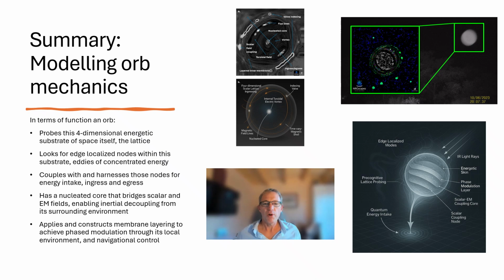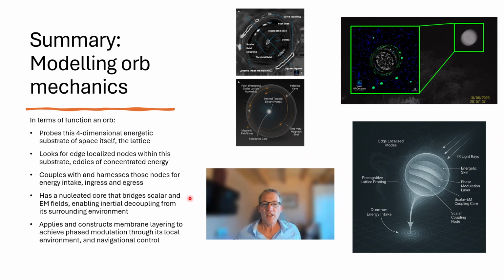So just to summarize the presentation, what we've got in terms of orb function is that it probes this four-dimensional energetic lattice of space itself. It looks for edge localized nodes within the substrate, which are eddies of concentrated energy. It couples with and harnesses those nodes for energy intake and egress.